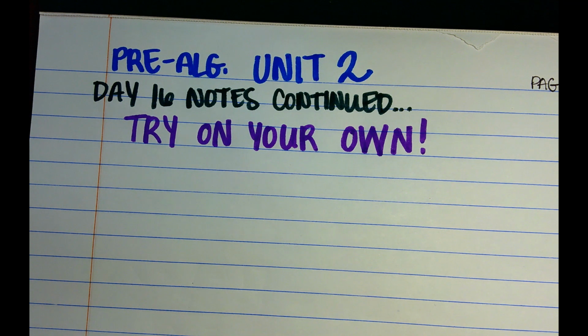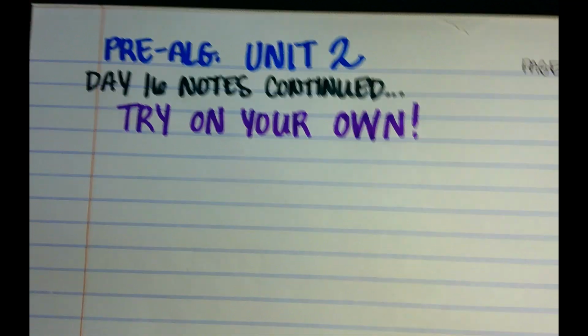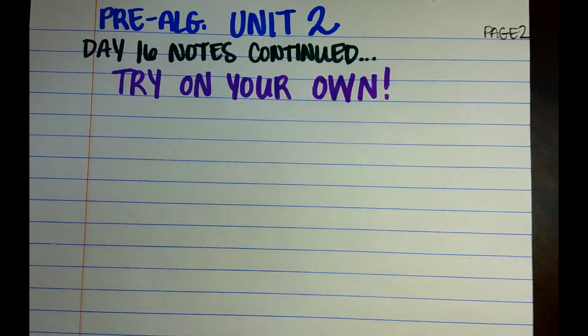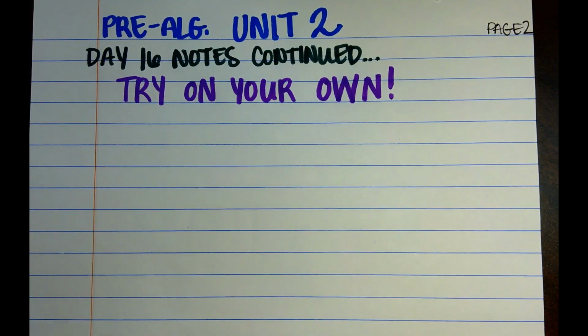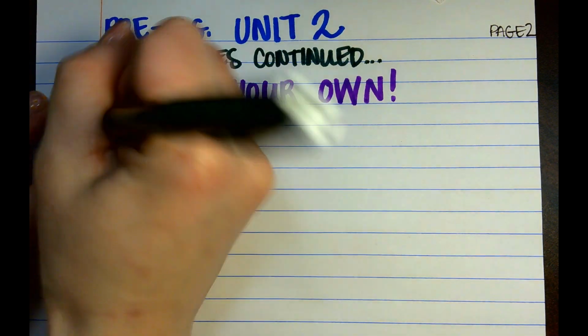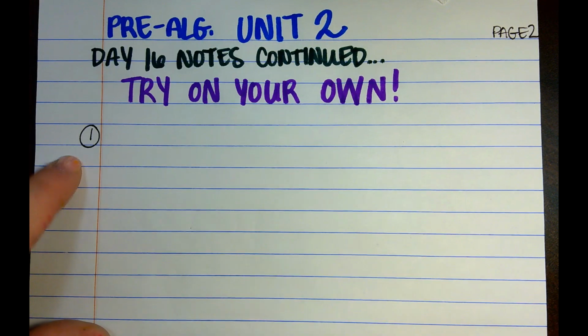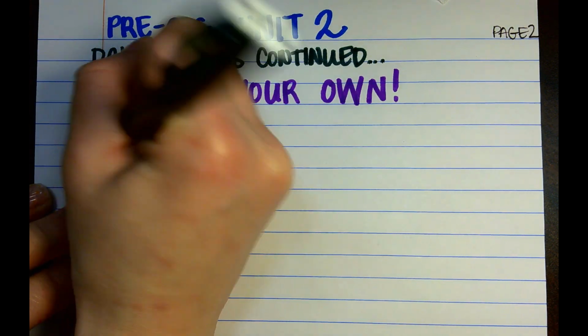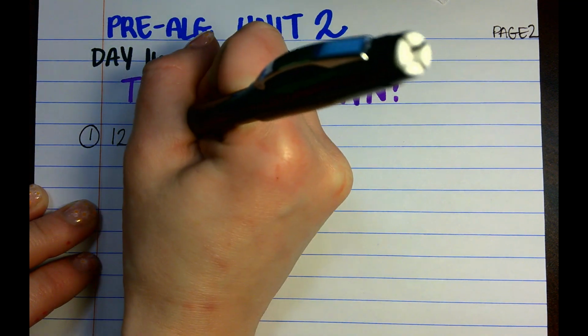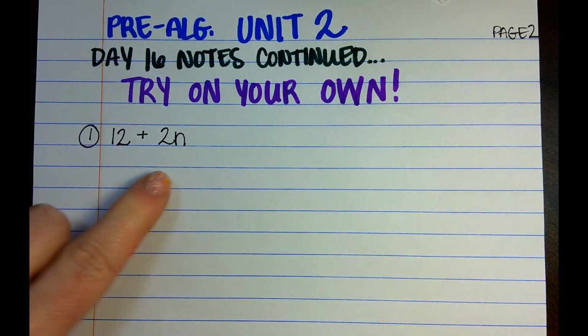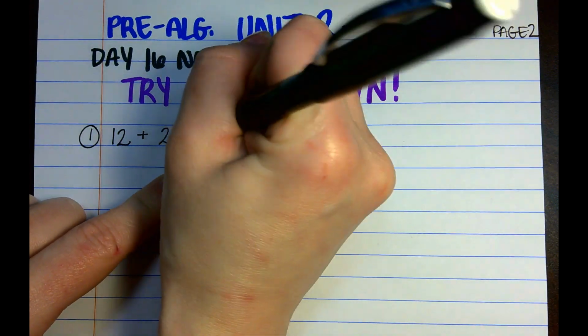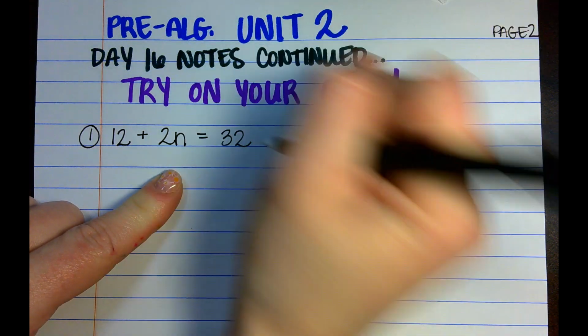I'll give you quite a few to do on your own, and then we'll check them together. So number 1: 12 plus 2n equals 32.